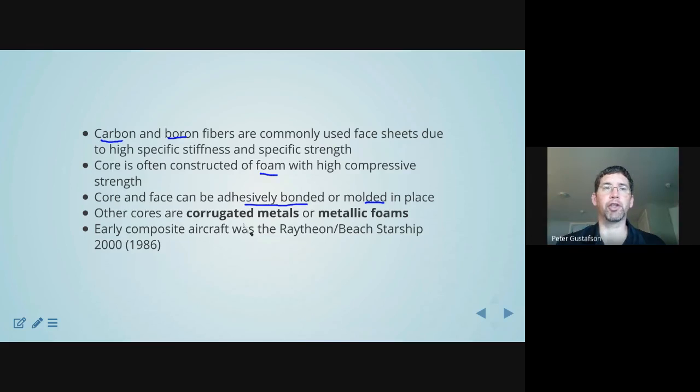Then as the technology matured, it was eventually brought into light general aviation aircraft. The Cirrus SR-20 and 22 aircraft are examples of moving to a primary composite structure in a modern general aviation aircraft, and thereafter it was brought into service in large commercial airliners like the Boeing 787 and the Airbus A350.